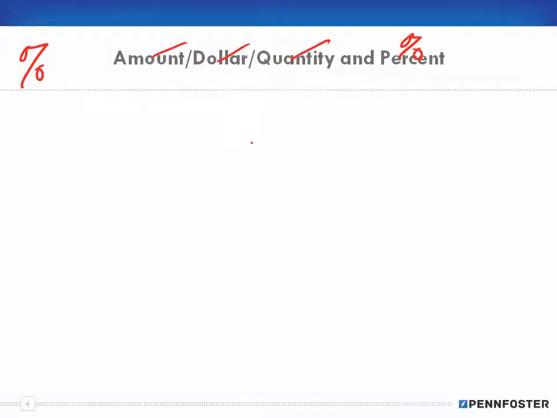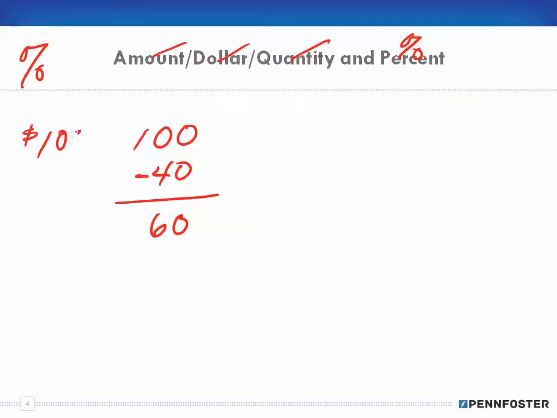To give you an example, and I'm going to try to keep the numbers easy, let's say I have 100 widgets, and I'm returning 40 widgets. So that means I have 60 widgets left. That could have been $100 less $40, and I'd end up with $60 left.